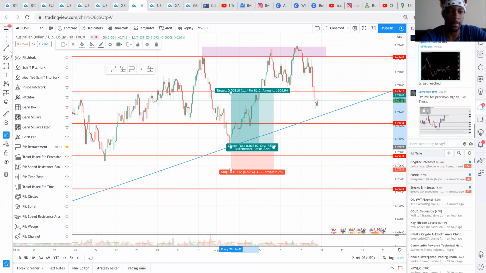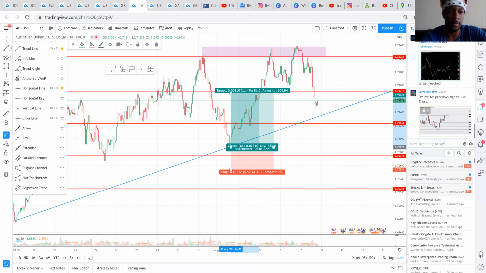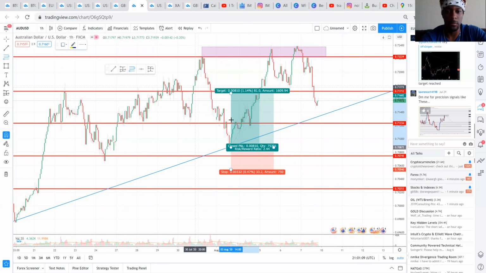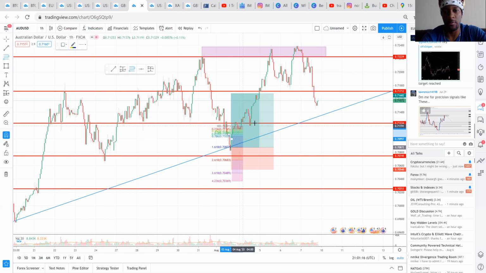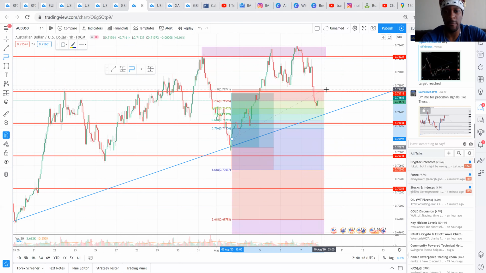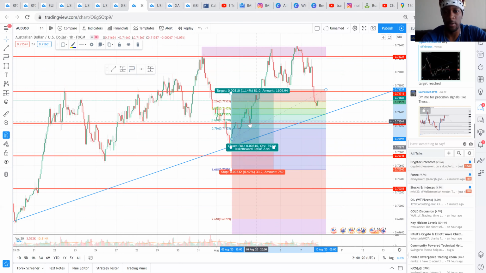You can also use Fibonacci retracements to help determine how to catch the retracements in the market. So right now, if you want to catch a buy entry, you can buy off this area of resistance support.